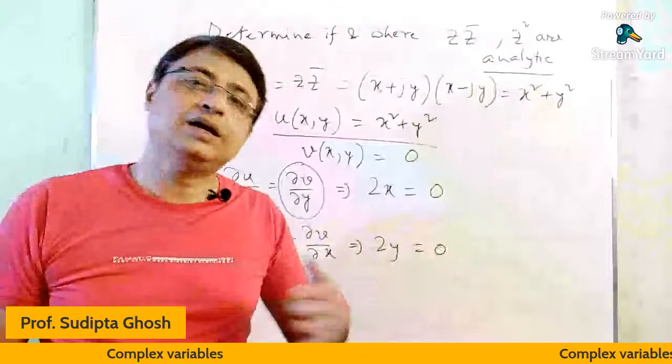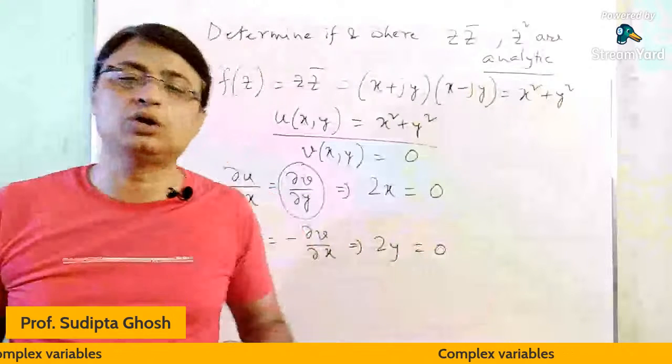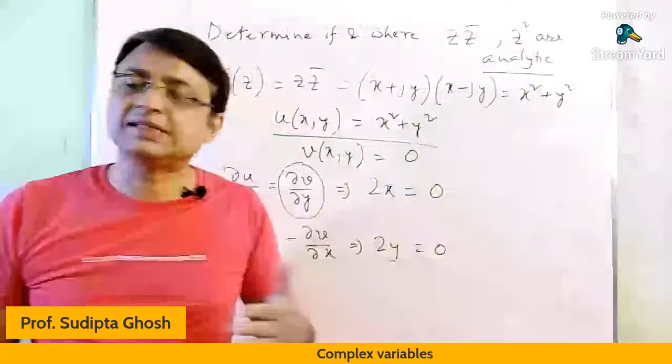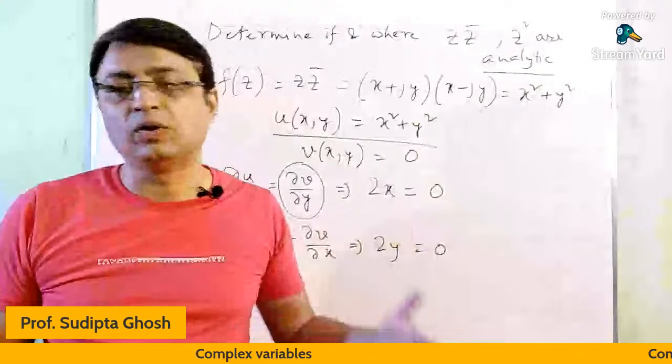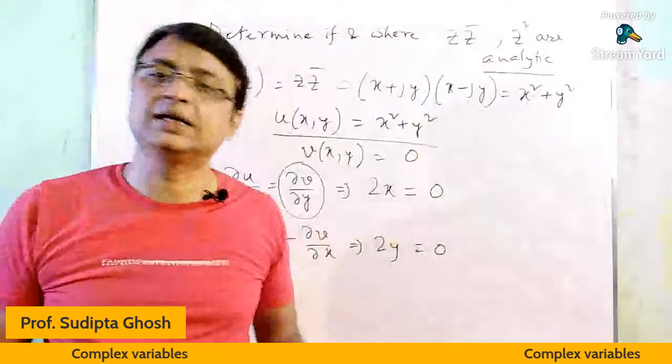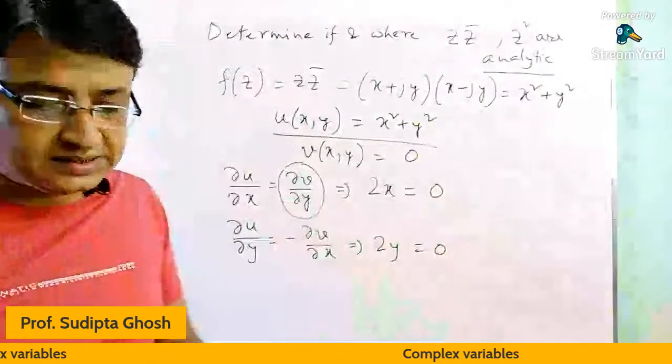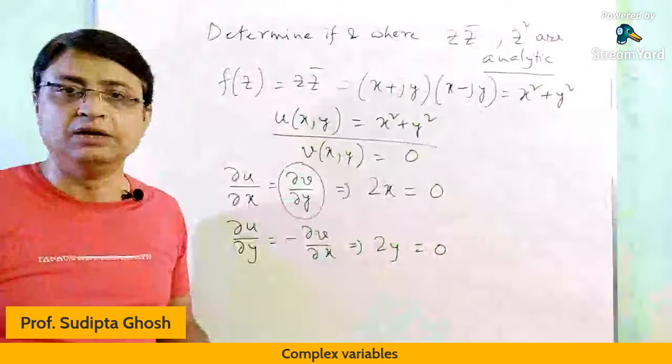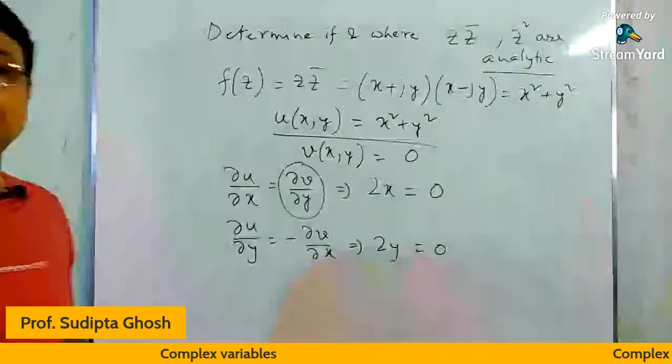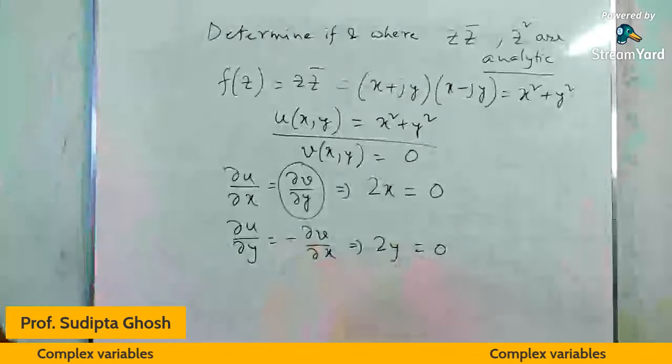But if we move to the neighborhood of the origin, x and y cannot be equal to 0. So this function z prime is not analytic anywhere.